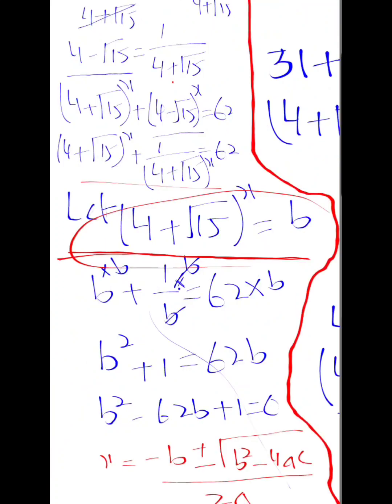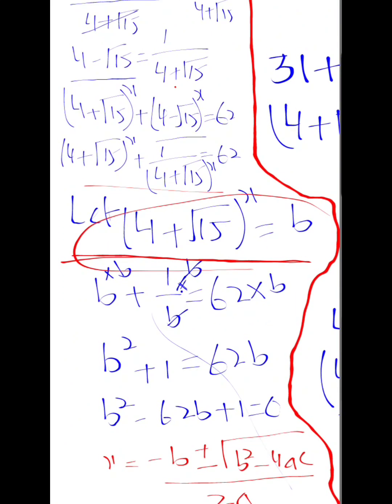Now we will compare both terms. Here we have 4 minus square root 15 is equal to 1 over 4 plus square root 15.